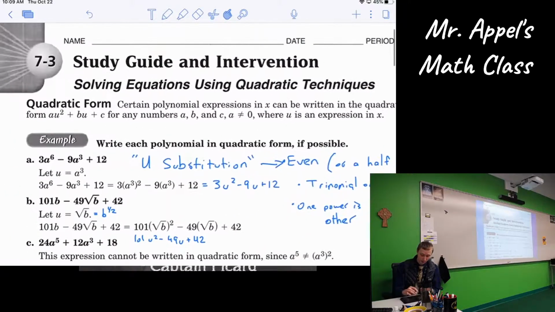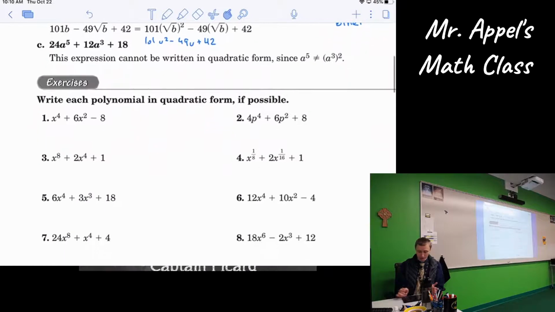This example only works because a to the 3rd is half of 6. 3 is half of 6. It works. I can use U-substitution. I can represent this as a quadratic expression and then solve that. So on this first page, you're just going to write it into quadratic form where possible. Okay?